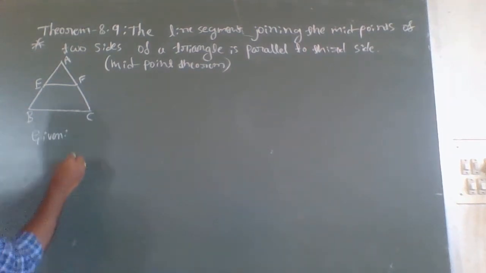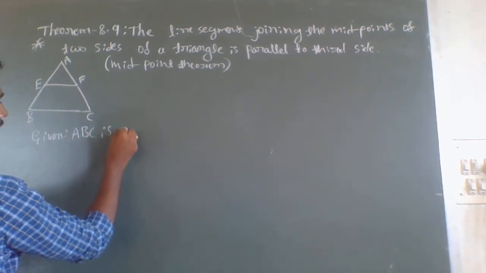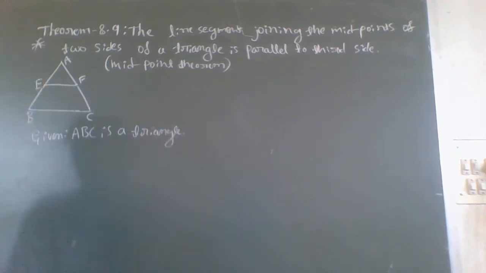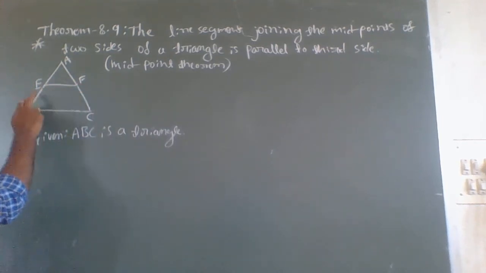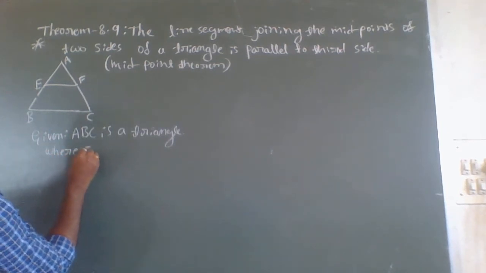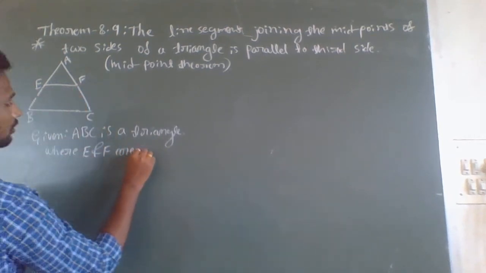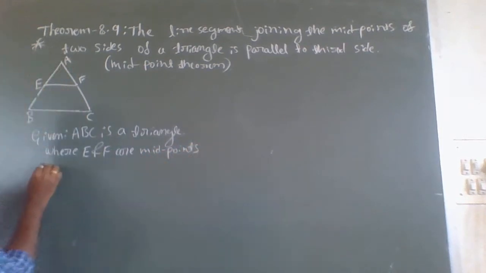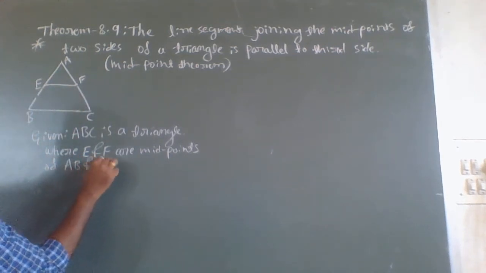ABC is a triangle, where E and F are midpoints of AB and AC, right?